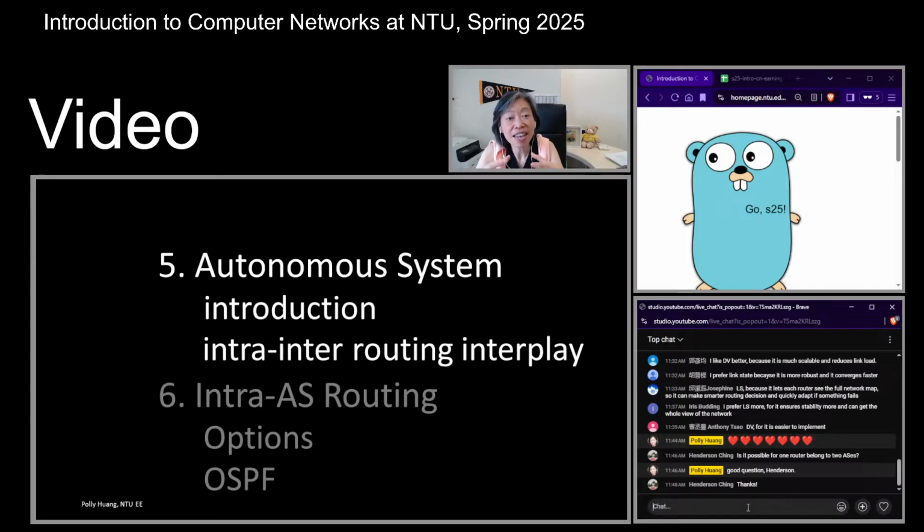The destination AS announces its existence by sending reachability information to the neighboring ASs, to the gateway routers of the neighboring ASs. And these gateway routers of the neighboring ASs will further propagate that information.